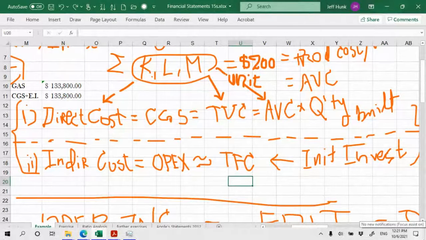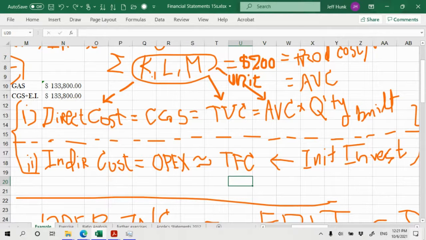Before I left, I said I would talk about total fixed cost upon coming back. Total fixed cost is microeconomics terminology, just like total variable cost. As opposed to total variable cost, total fixed cost is not changing with the production level.